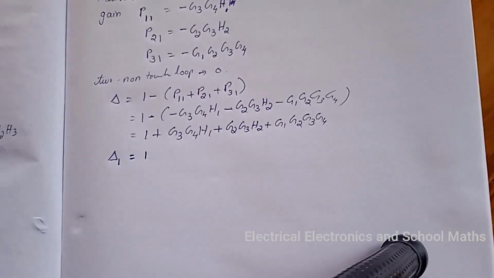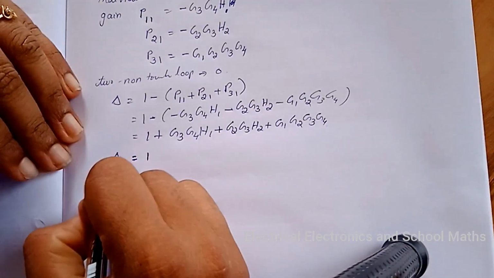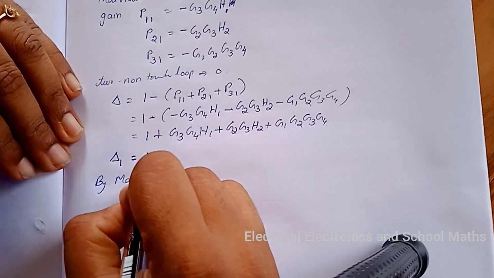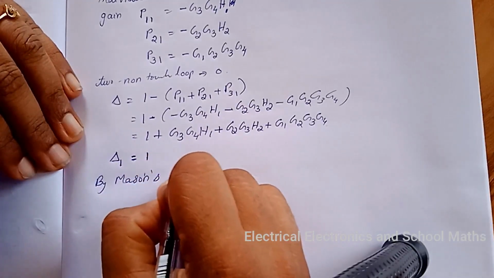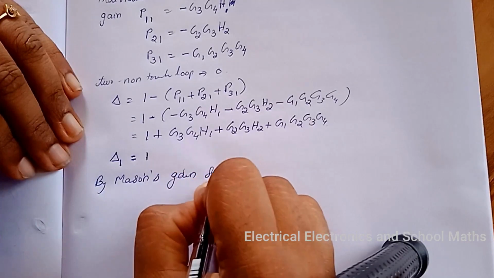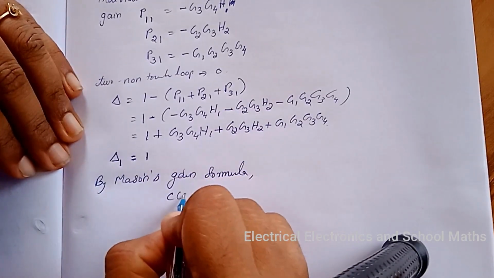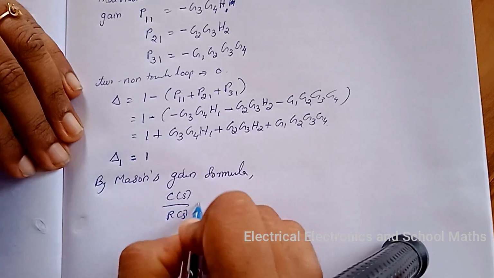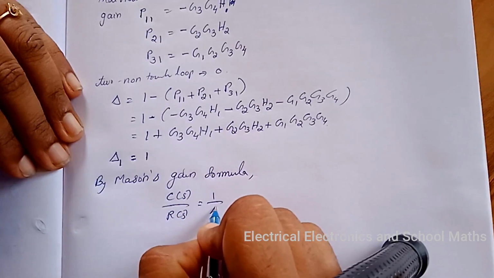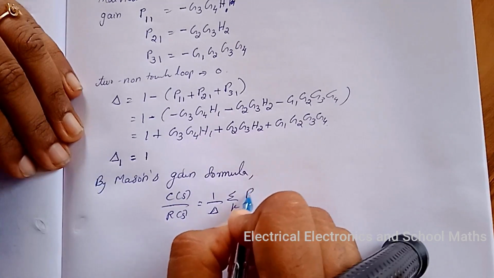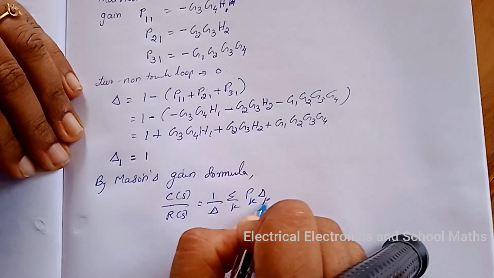Now by Mason's gain formula, C of S divided by R of S equal to 1 by delta sigma k Pk delta k.